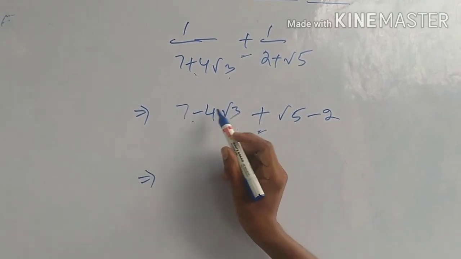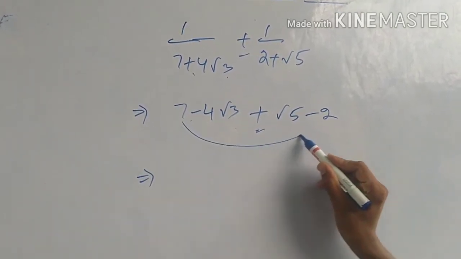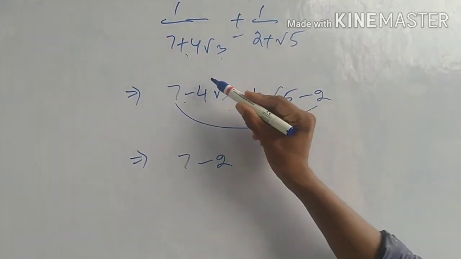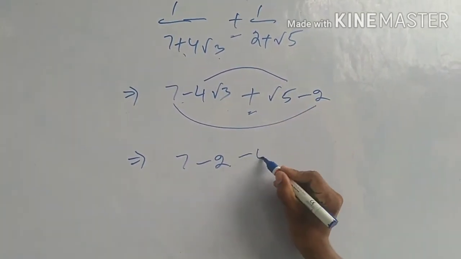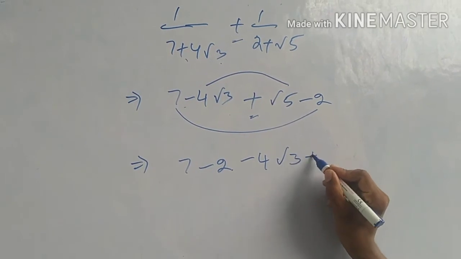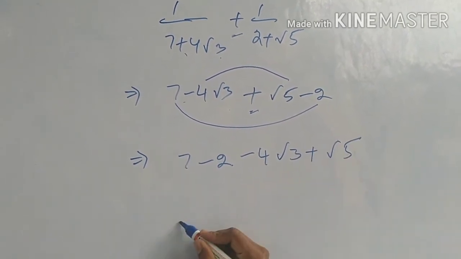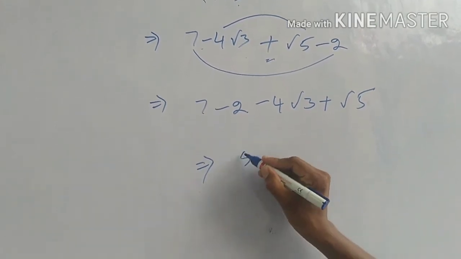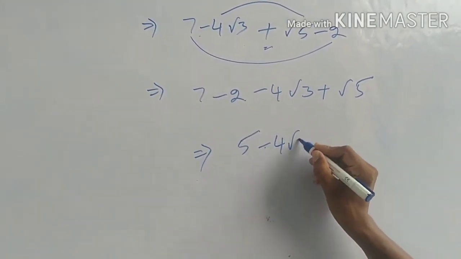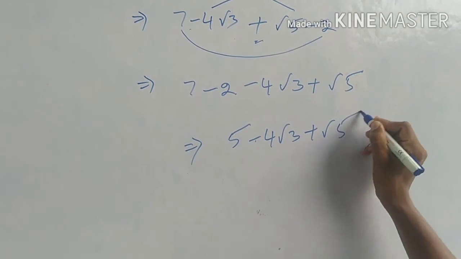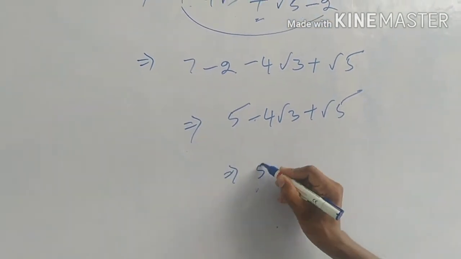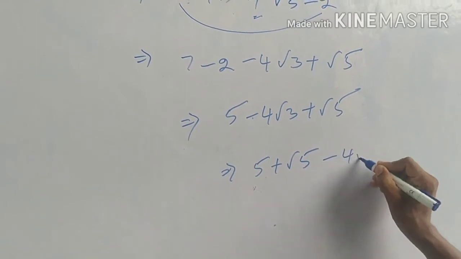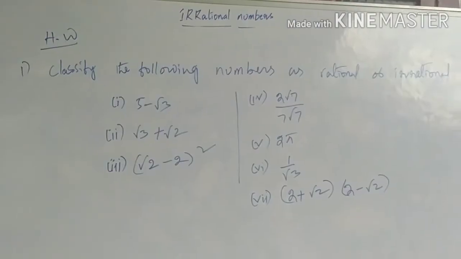So 7 minus 2, the integer values, result is 5. Then minus 4 root 3 plus root 5. So the result is 5 plus root 5 minus 4 root 3.